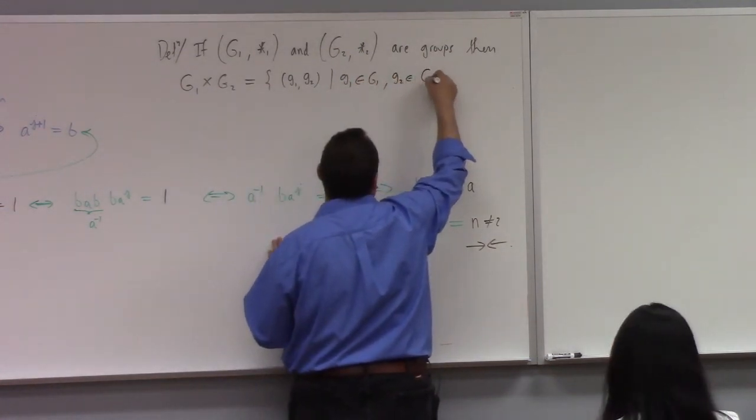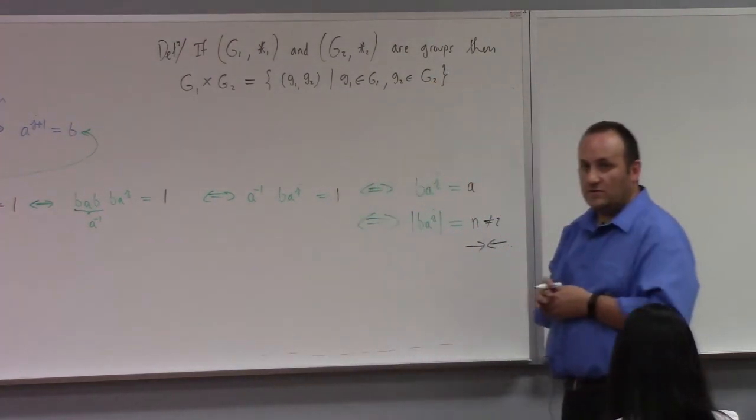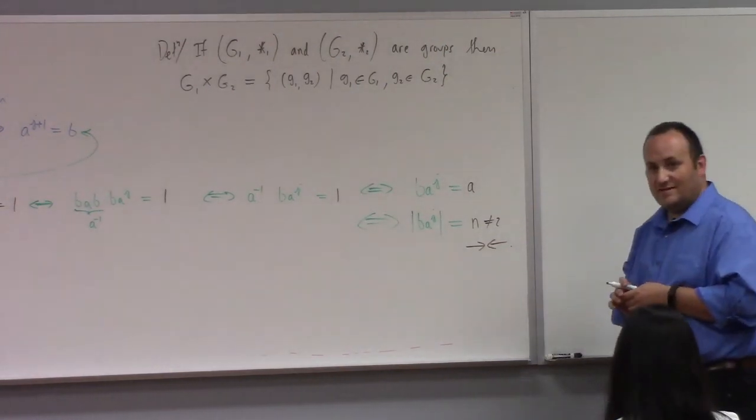Shame for me writing this down, but I'm just defining the Cartesian product of G1 and G2. Then the Cartesian product of G1 and G2 is itself a group.